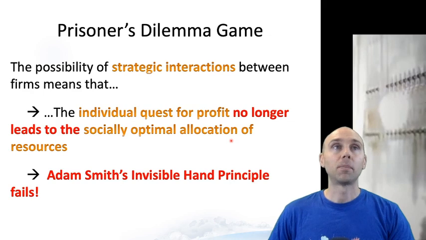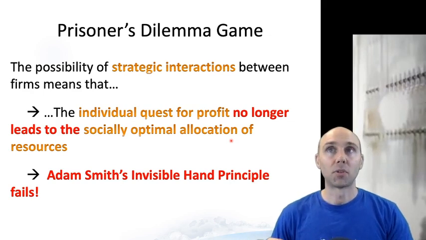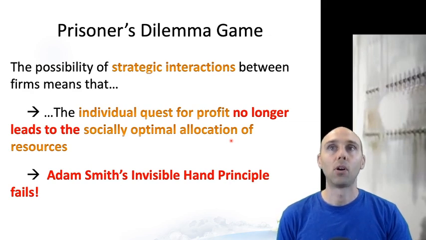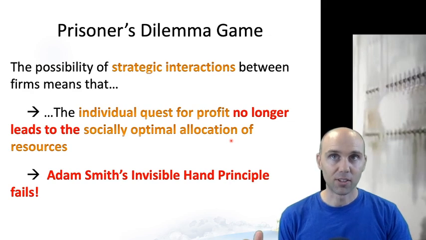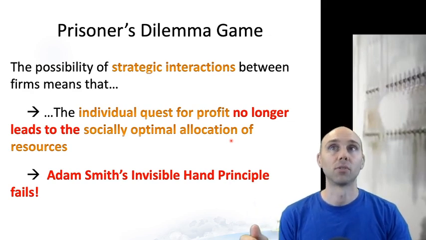Now, this possibility of strategic interactions means that just going for profit maximization no longer leads to the socially optimal allocation of resources.